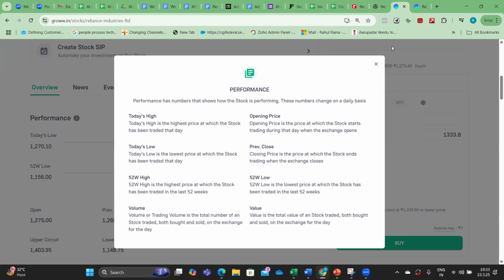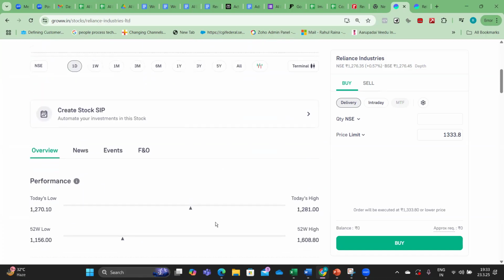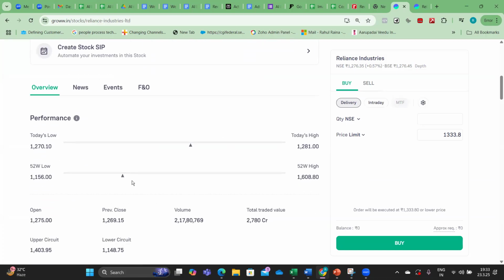The 52-week low for this Reliance is 1156. 52-week high means the highest price at which Reliance was trading in the last 52 weeks. It was 1608. And this small triangle gives you an indication whether it is towards the high or towards the 52-week low.